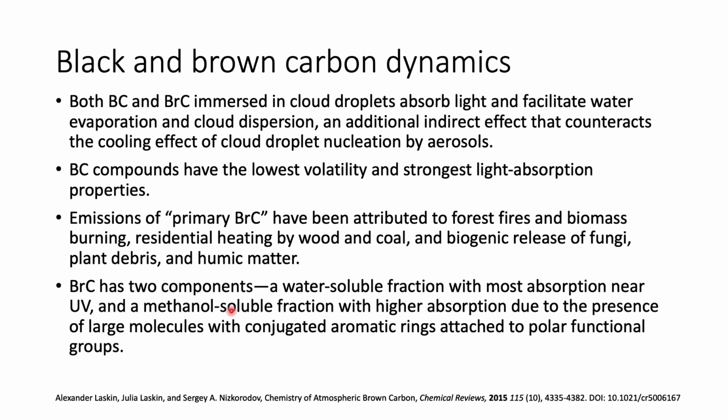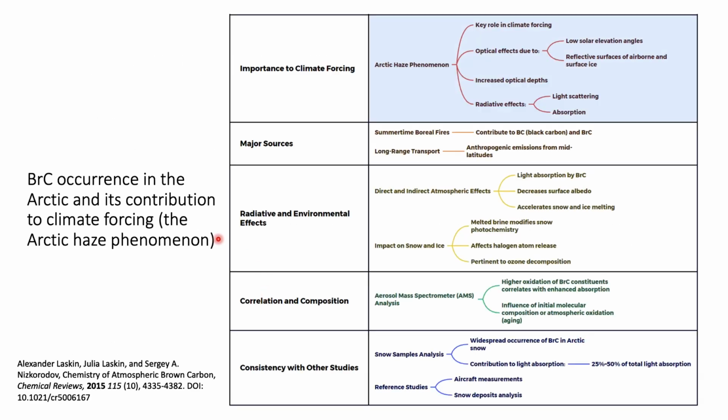The brown carbon has two components: a water soluble fraction with the most absorption near UV, and a methanol soluble fraction with a higher absorption due to the presence of large molecules and conjugated aromatic rings attached to the polar functional groups.